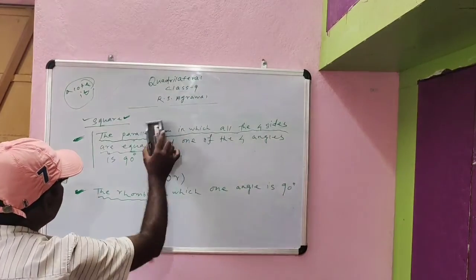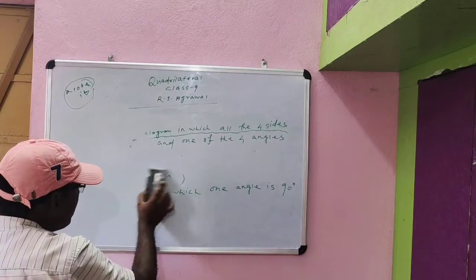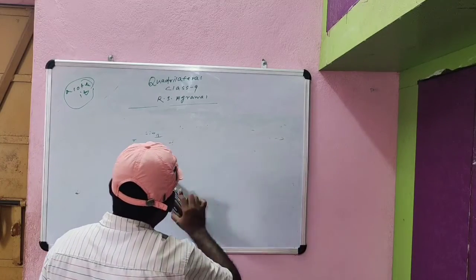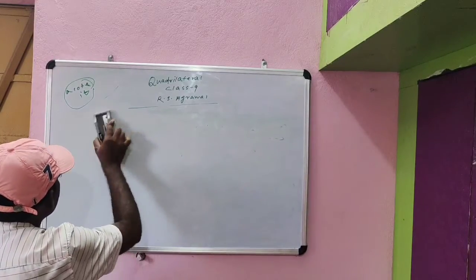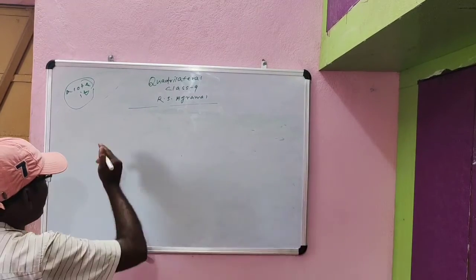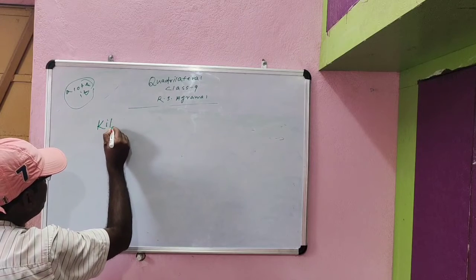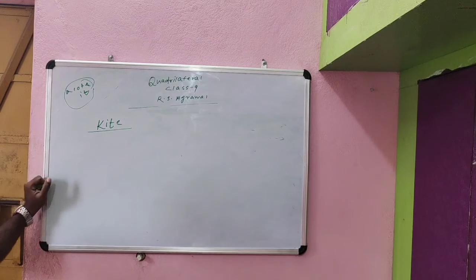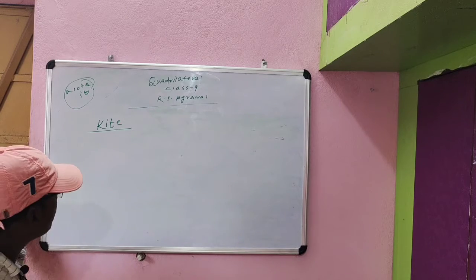Then the seventh type of quadrilateral is called a kite. So what is a kite?